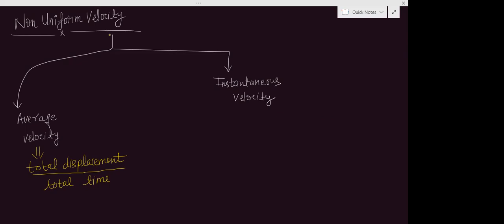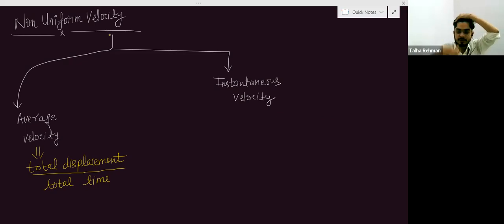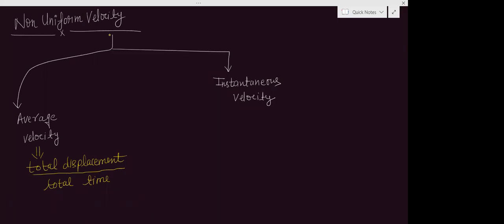And what is the meaning of instantaneous velocity? What is the meaning of instantaneous? Something which is at an instant of time, meaning a very small amount of time. Suppose you are moving from your home to the school with bike or with car, and suddenly I ask you what is the speed right now, what is the velocity right now.